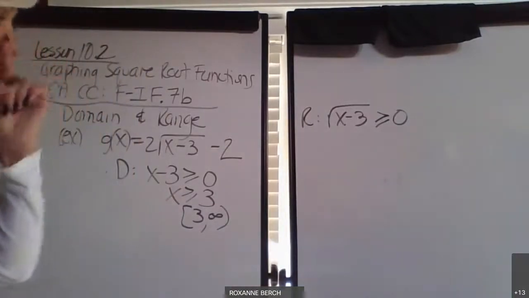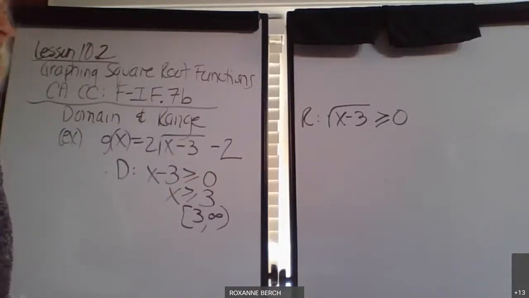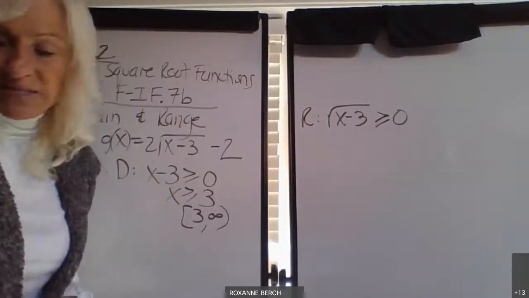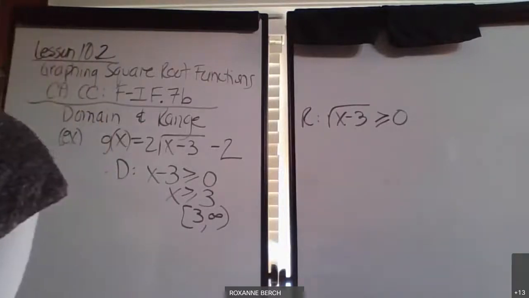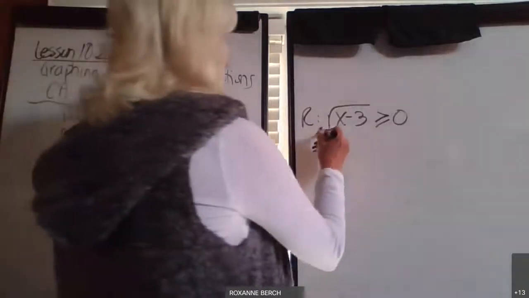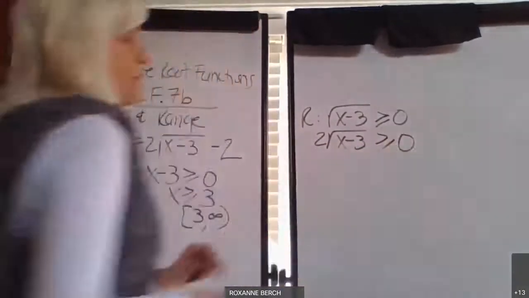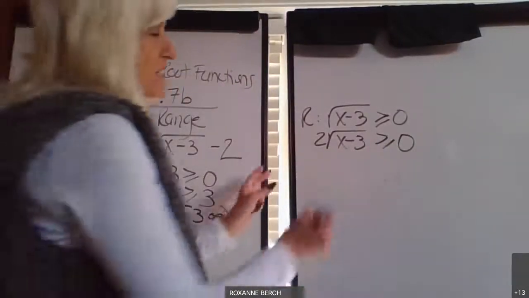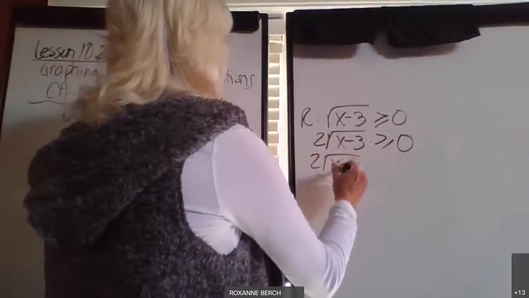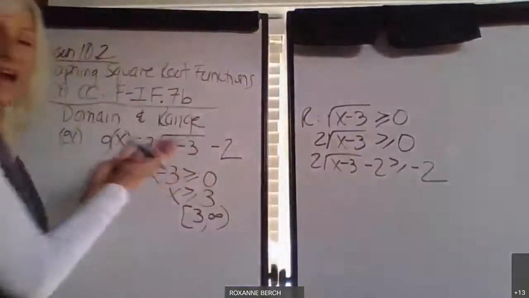So check this out. I'm taking the radical and I'm making it greater than or equal to 0. And now I'm going to multiply both sides by 2. Well, if I multiply both sides by 2, 0 times 2 is just 0. And then what if I subtract 2 from both sides? Didn't I create the function?